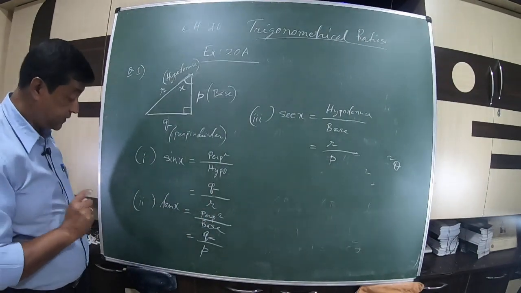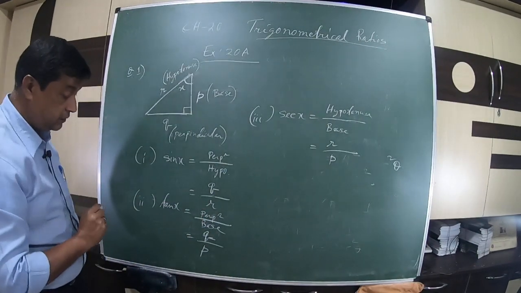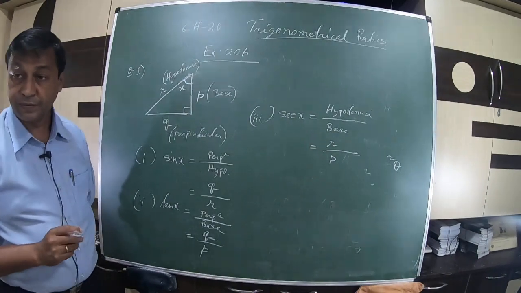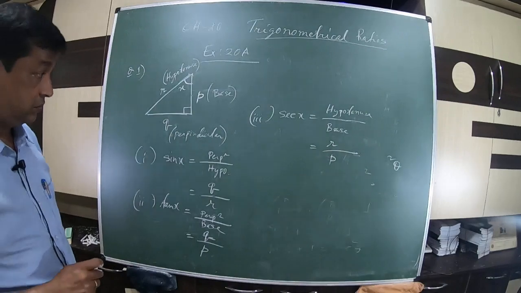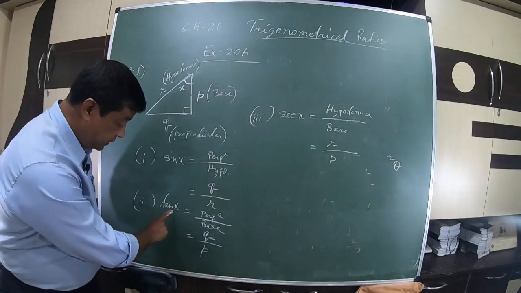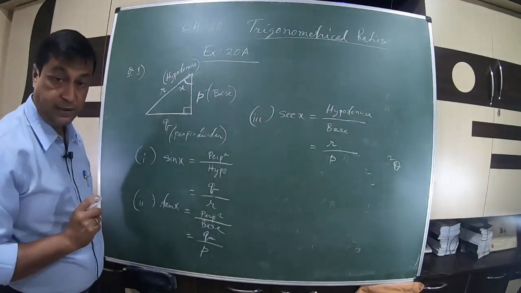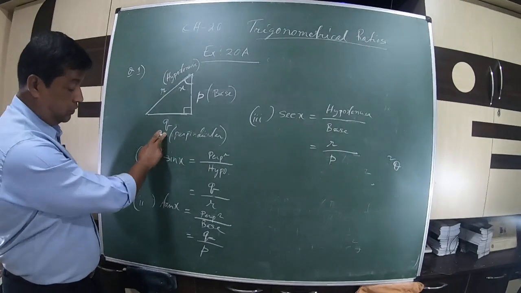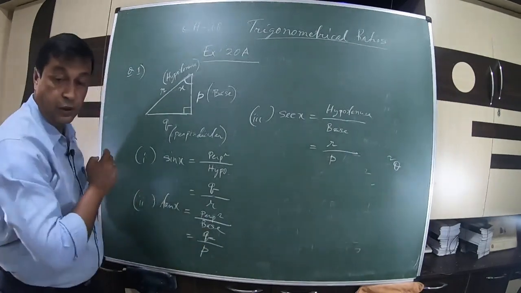Now next, if you go for tan x, that is perpendicular by base. That is the formula. Okay, now you see question number 2 properly. Tan x means what? Perpendicular by base. Now from the given diagram, which is the perpendicular? Q. So the perpendicular is replaced by q.